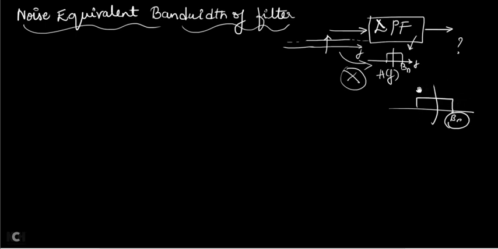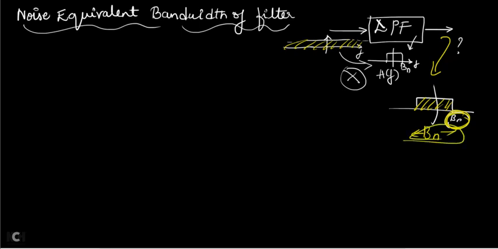Where is noise present? I will show in a different color. The noise is present everywhere here, no? After you send it to the low pass filter, what is the output you are getting? The noise is present only for bandwidth BN. This is your bandwidth BN.